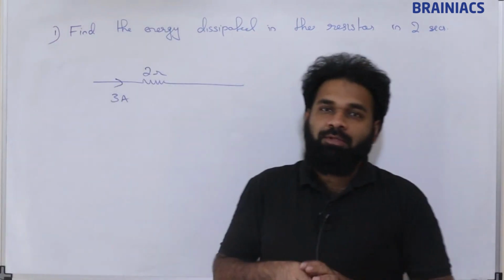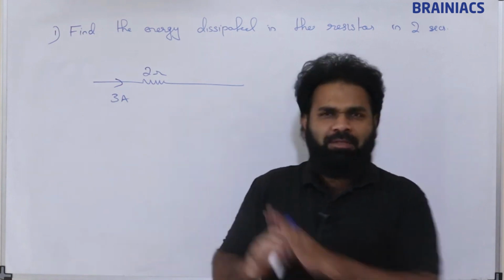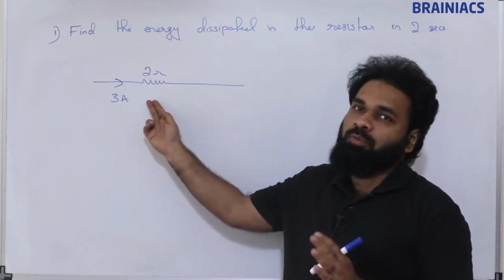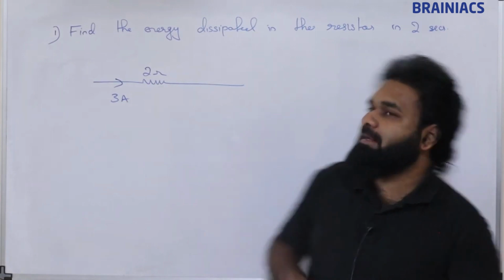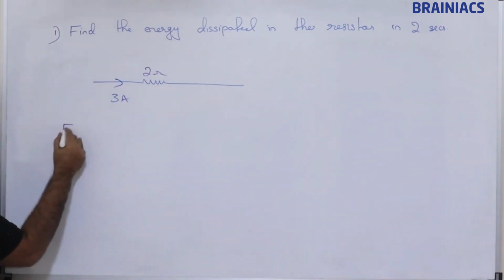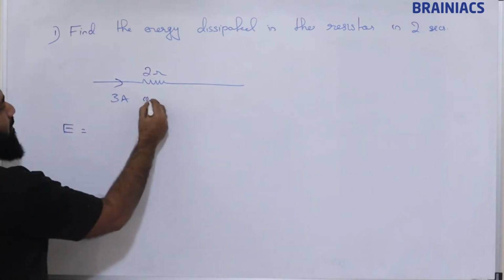You will be asking me, sir, are you teasing us? So simple a question. It is a simple question, just for concept building. We will do a small change in the question now. What is the answer here? Energy: 3 ampere current, so this is constant.